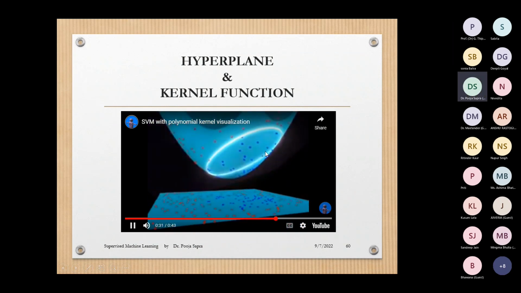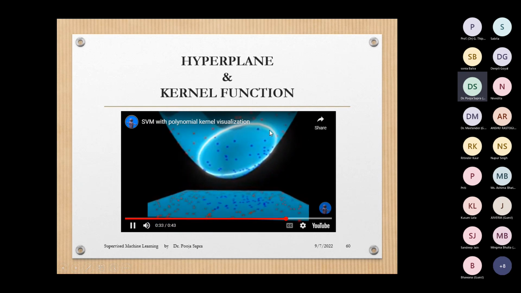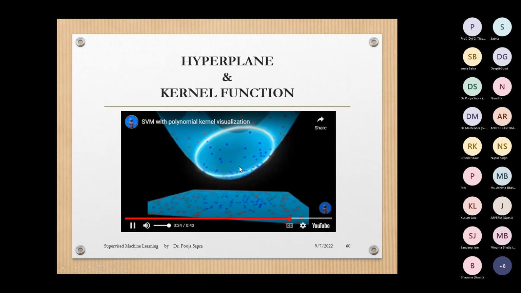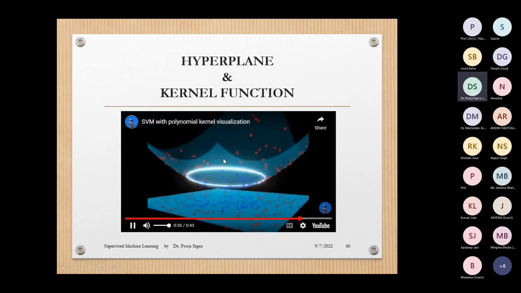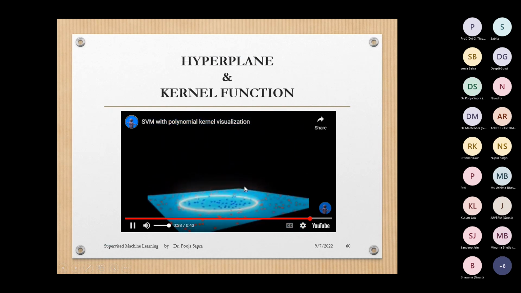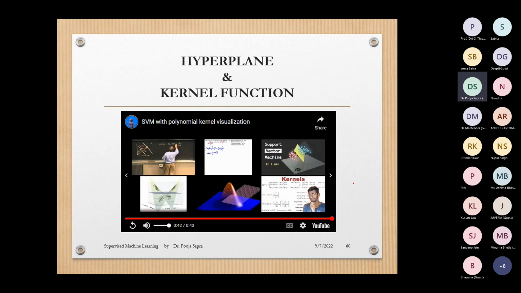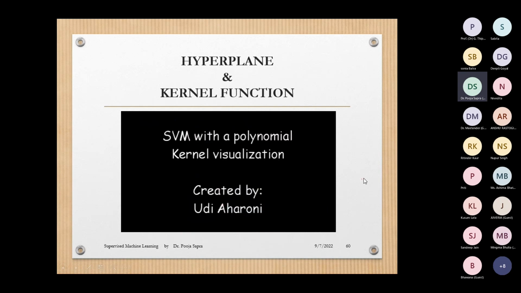It is able to find out the boundary. Now the projection of this plane gives me that hyperplane, gives me the decision boundary. This is how we can find out hyperplane.